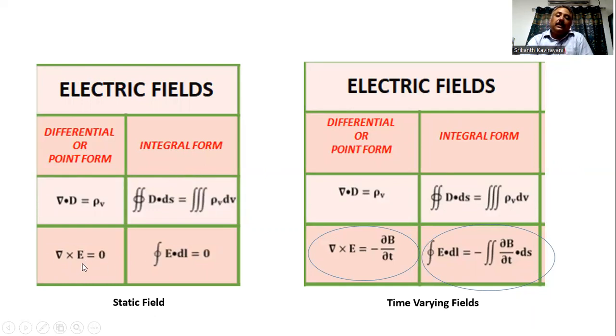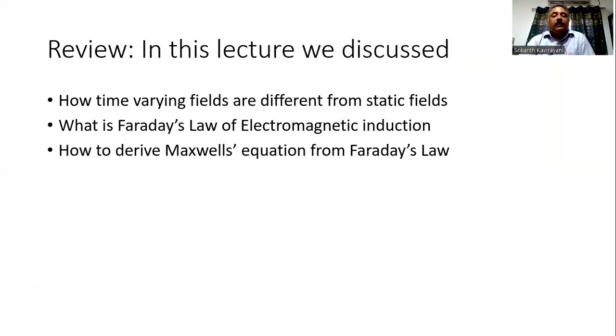So we have del cross E equal to 0 or integral E dot dl equal to 0, which when reflected into time varying fields changes to del cross E equal to minus dou B by dou t, or integral E dot dl equal to double integral of dou B by dou t dot dS. This is the basic difference between static fields and time varying fields, which we have understood in this lecture. What we have basically discussed is how time varying fields are different from static fields.